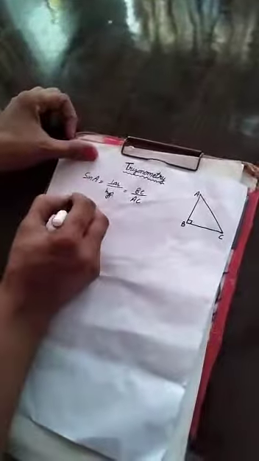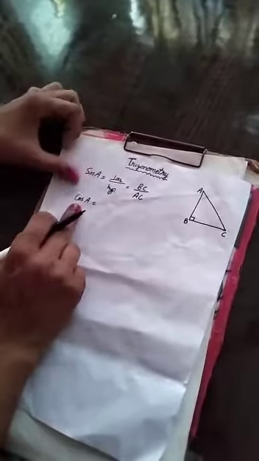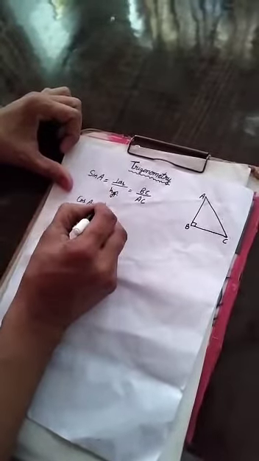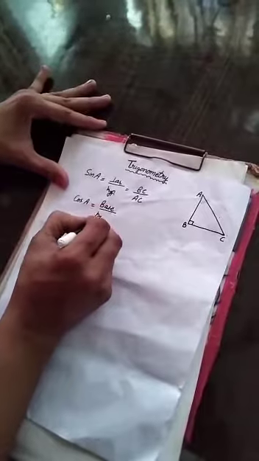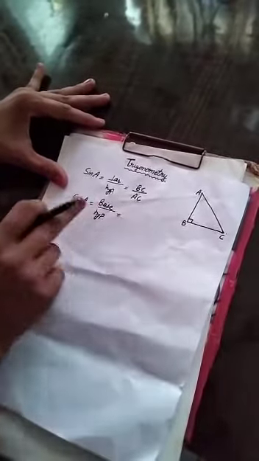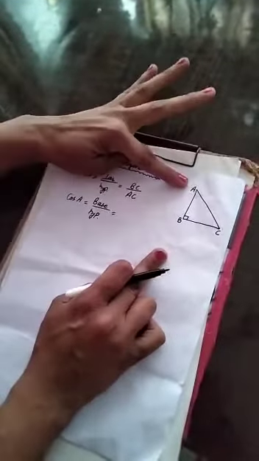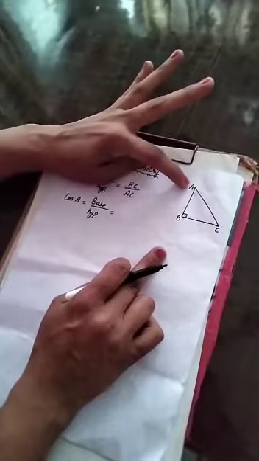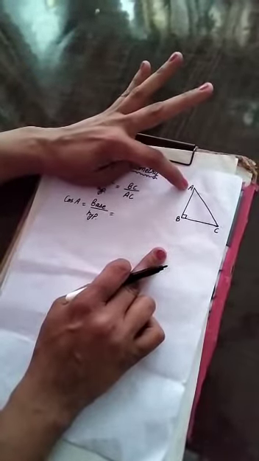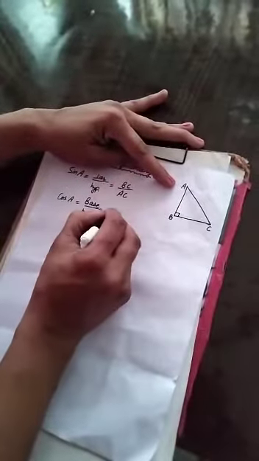If we talk about cos A, we know cos is base over hypotenuse. Again we are talking about this angle A. The adjacent side to this angle A is called base. So this AB side is adjacent side, so this is base.